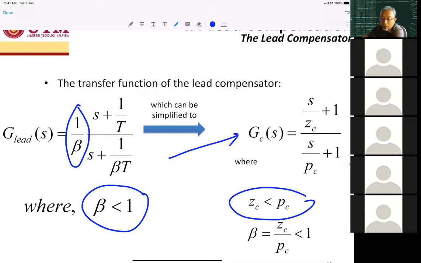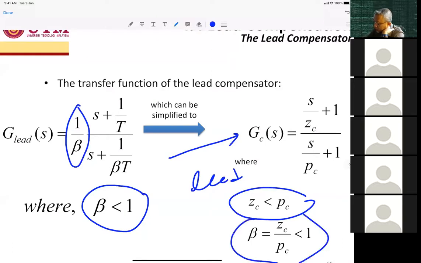Not similar to the lag compensator, where ZC is greater than PC; for the lead compensator, ZC is less than PC. And beta is the ratio of ZC over PC, less than 1.